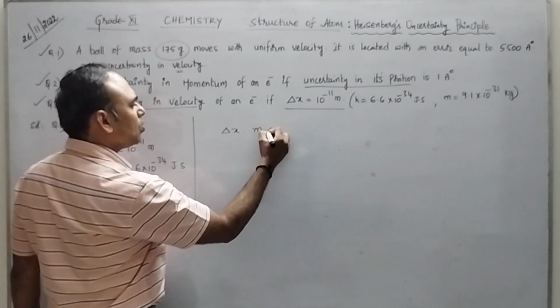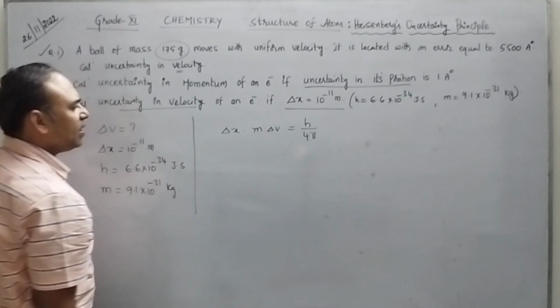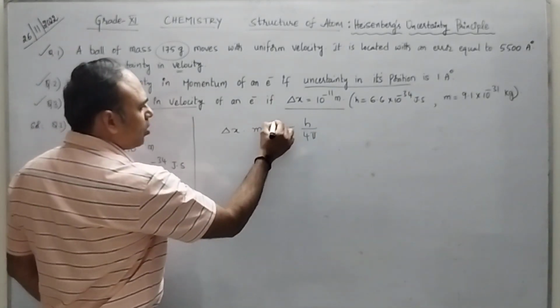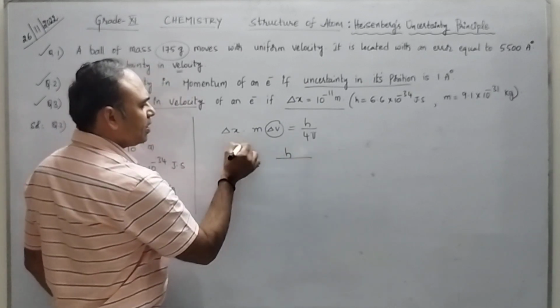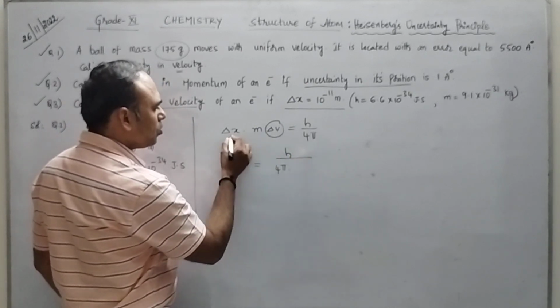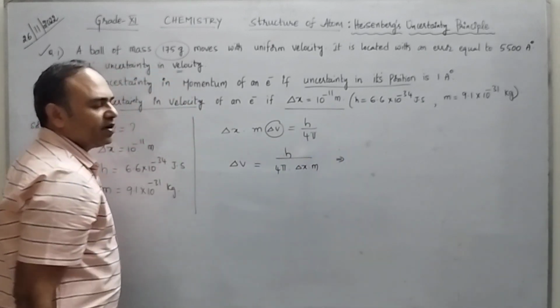Delta x into m delta v is greater than or equal to h by 4 pi. To find out delta v, we can write like this. Send this to other side. We have 4 pi into delta x into m. Now, substitute the values.